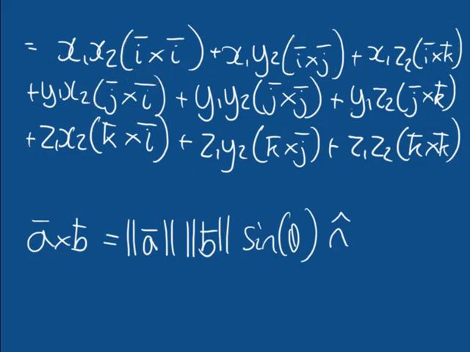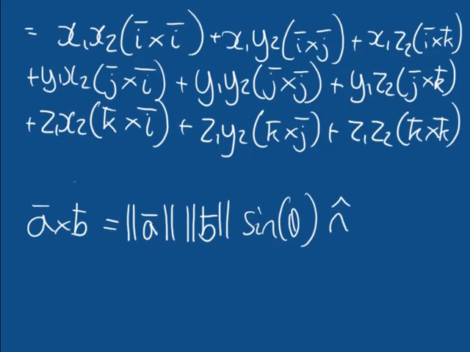And the first thing we can see is that we know our Cartesian vectors are unit vectors. So no matter which vectors we're crossing with each other, they are all unit vectors. That means the length of A is always 1 and the length of B is always 1.